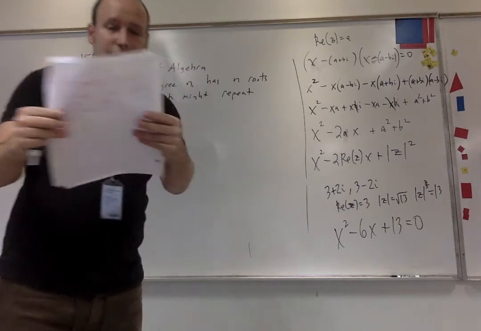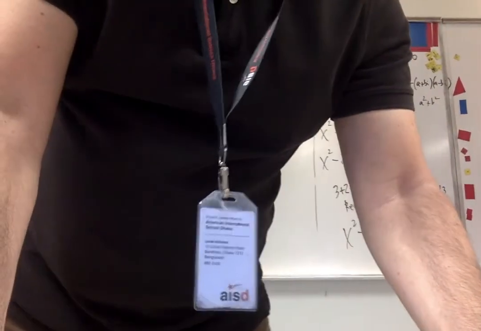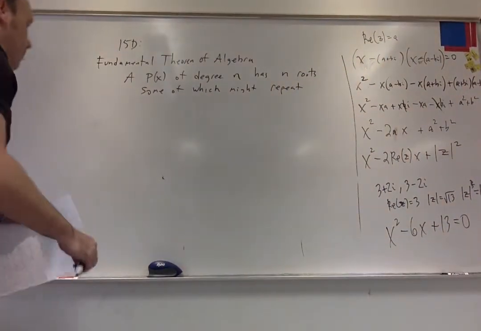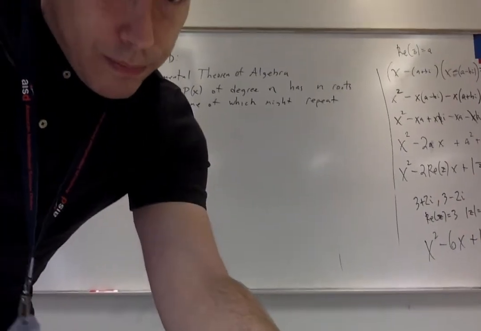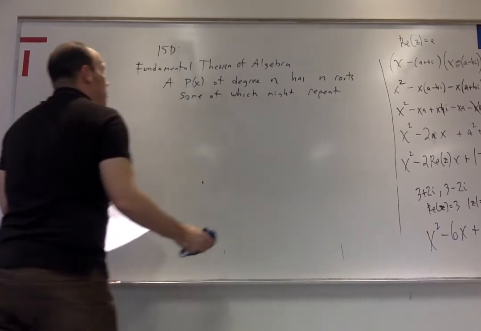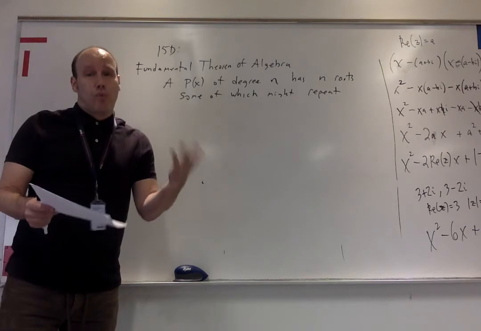Let's move on to 15E, something a little faster. So 15E is the sum and the product of the roots.